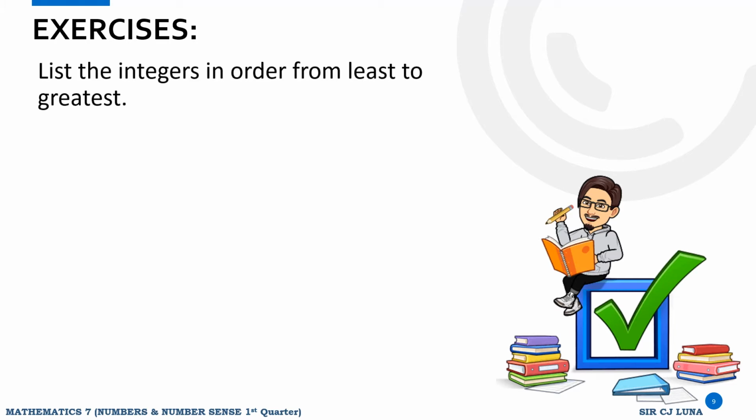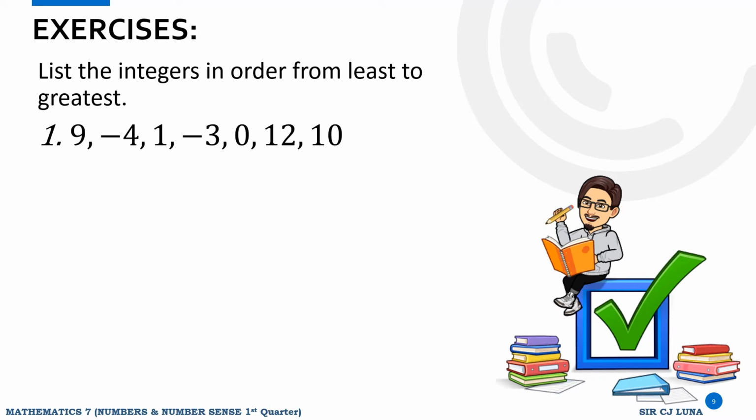Ngayong alam na natin kung paano mag-compare ng mga integers, let us try to answer this exercise. List the integers in order from least to greatest. Okay? So, aayusin daw natin yung mga integers na to mula sa pinakamababa hanggang sa pinakamataas. Kaya ba natin? Siyempre. Number 1. We have 9, negative 4, 1, negative 3, 0, 12, and 10.